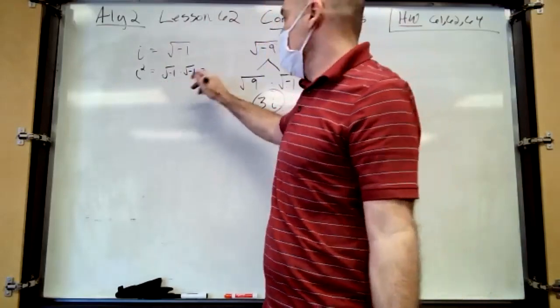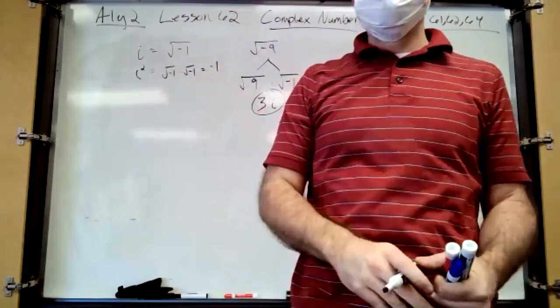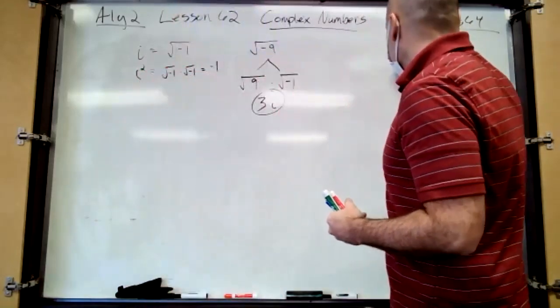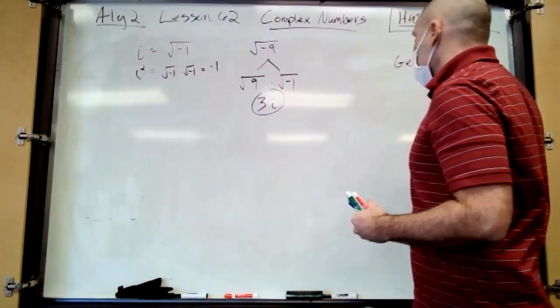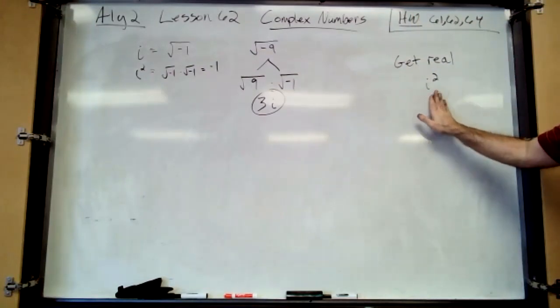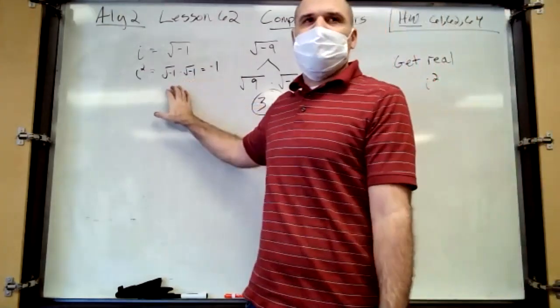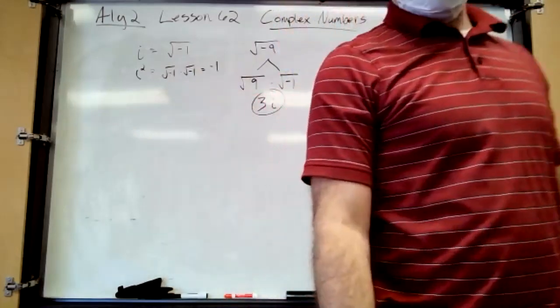Yeah. So you know what we did? There's a totally nerdy math shirt that says "Get Real," and it just has i squared on it. Because basically we made that imaginary number real by multiplying it by itself. Because when you multiply a radical by itself, remember, it cancels the radical. You're just left with -1.